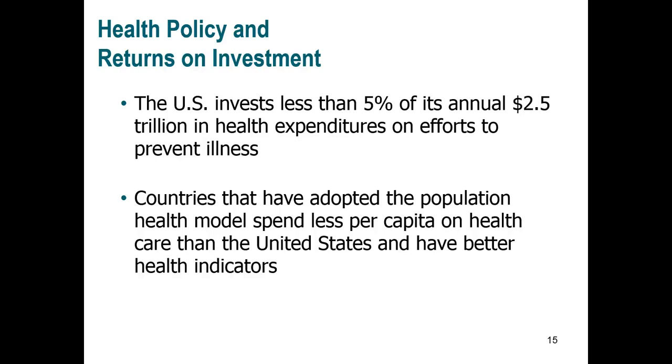And in a lot of countries that have a much lower per capita health expenditure than the United States, you'll see that their percentage of their budgets spent on population health and disease prevention is much, much more. It's a bigger slice of the pie than what we spend in the U.S. Okay? So the U.S. is really inverted on what we need to do.